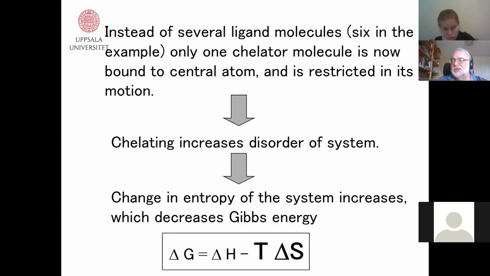So formation of such complexes between a metal and chelator, for which one uses the term chelate, is driven by entropy, or increasing of entropy, and substitution of multiple monodentate ligands by a single polydentate.